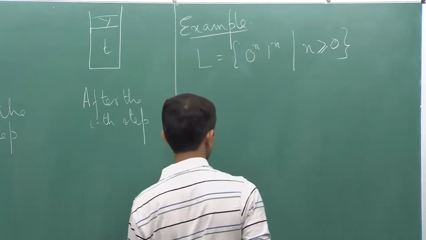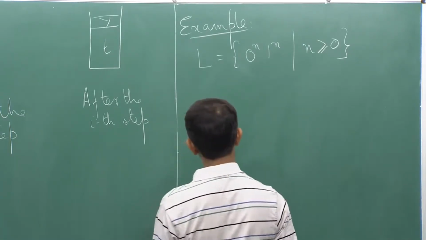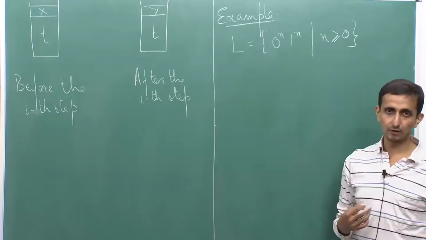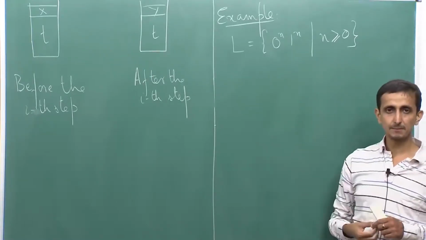So, what is the idea? How does the push down automaton go about accepting this?